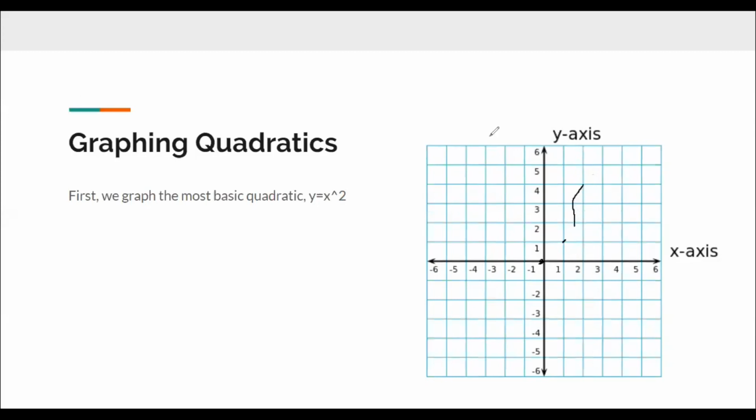It's going to be a curve that goes up like this, and it keeps going. It's symmetric across the y-axis, so if you reflect it over the y-axis, you get the exact same graph. So that's y is equal to x squared.